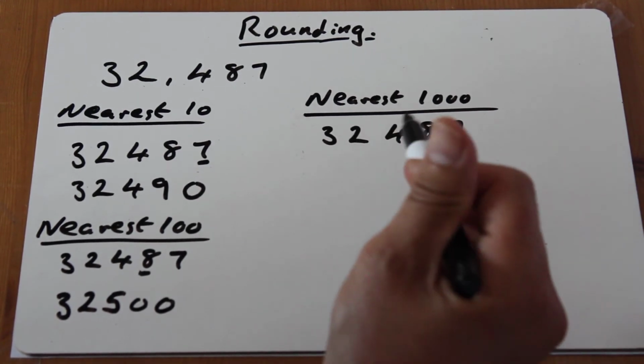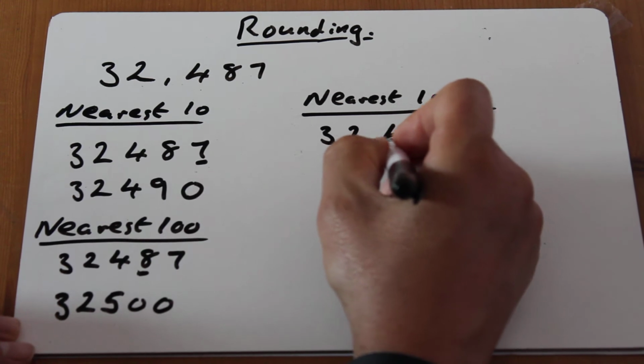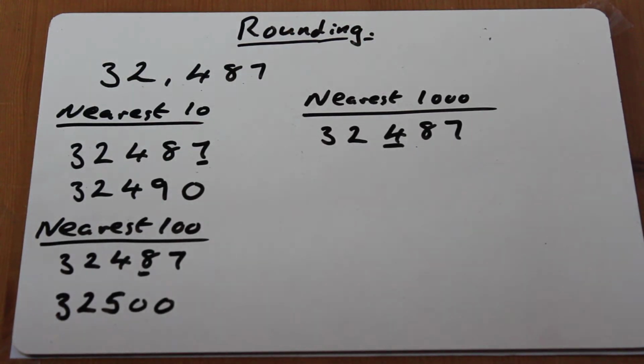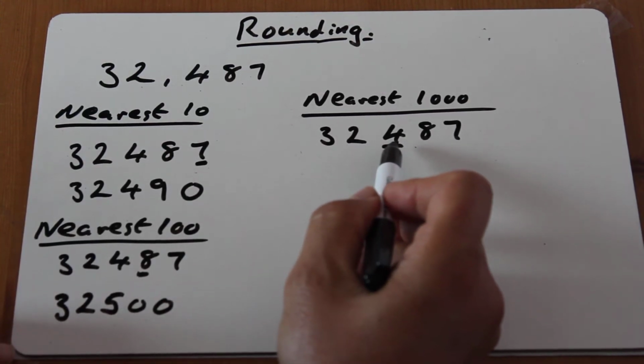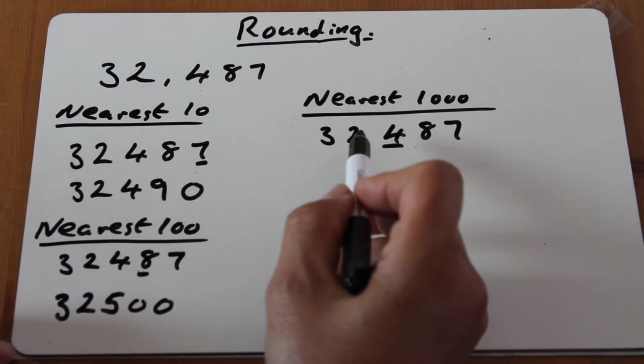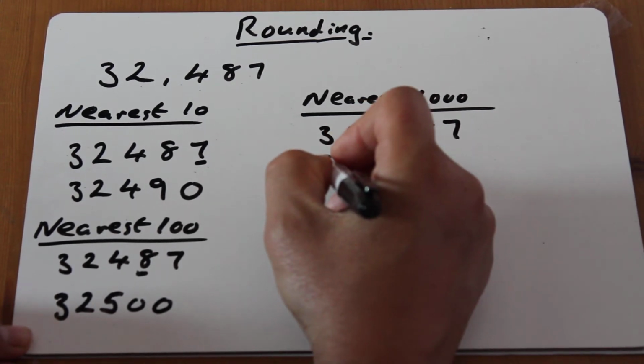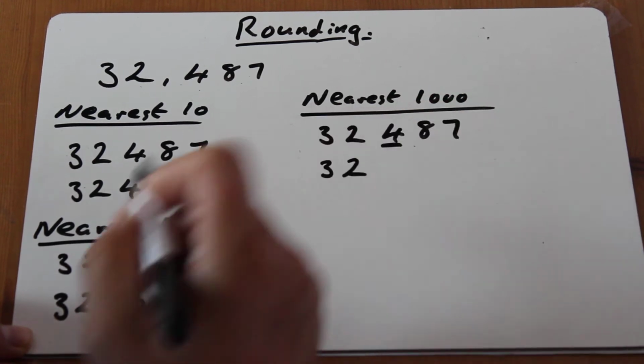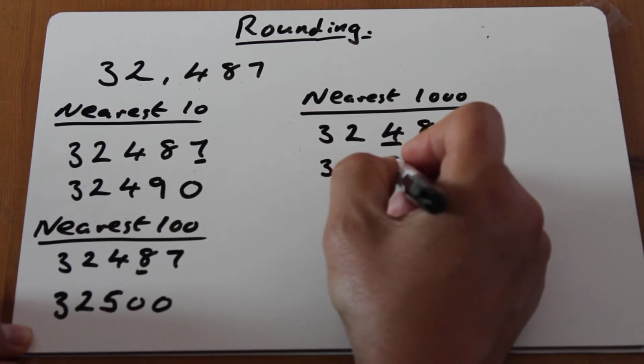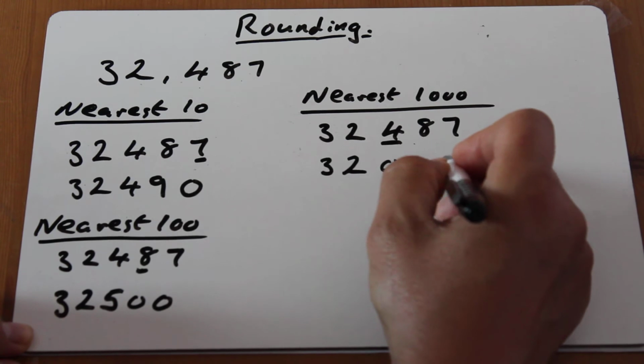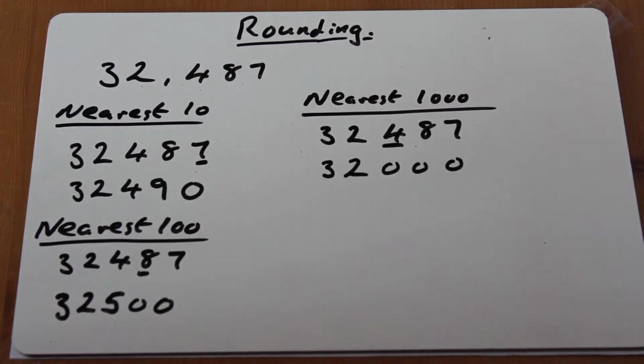So that means I need to look at the hundreds column this time. Now, because this is smaller than 5, it's not going to have an impact on the 2. So it's 32 and everything else goes to 0. So to the nearest 1,000, that is now 32,000.